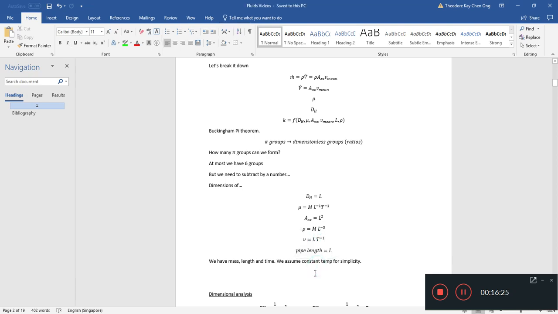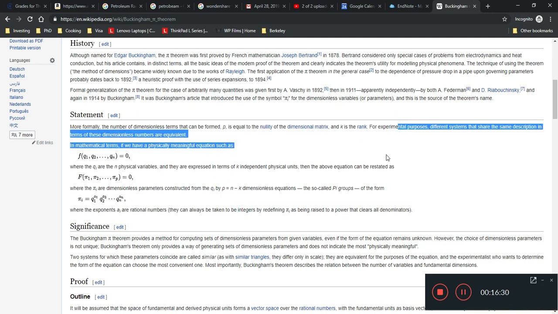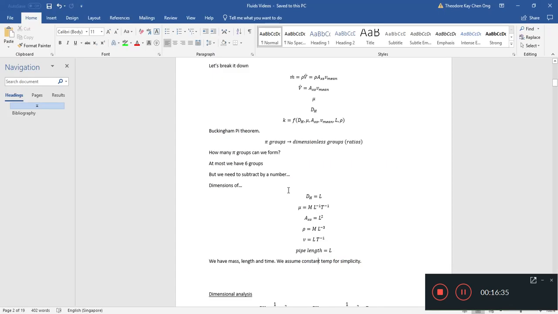Nothing else. These are what Wikipedia would call the k independent physical units. What is k independent physical units? Now we have 3 independent physical units. One is mass, one is length, one is time. These are mass, length, and time.